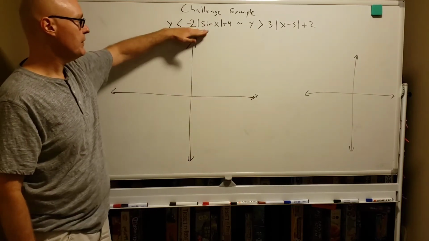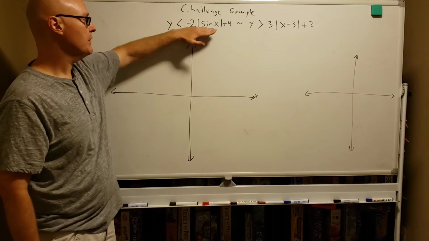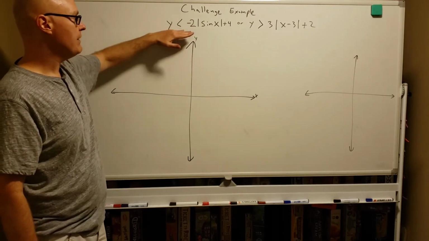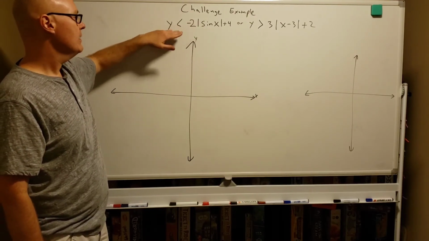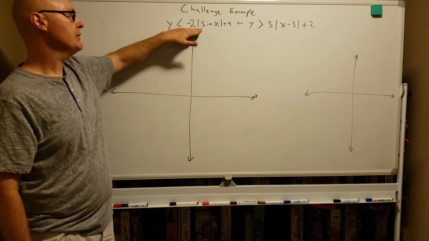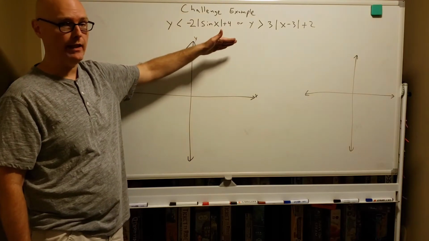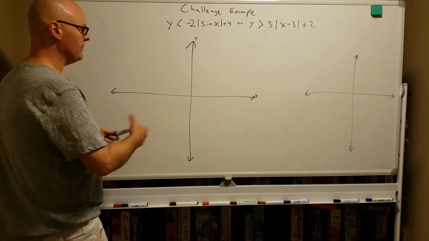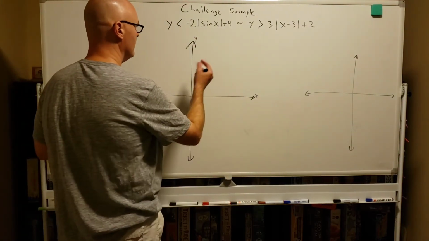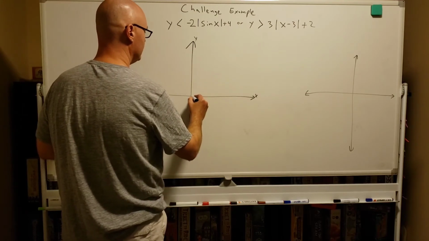Let's start with this first equation. Let's start by graphing y equal to negative 2 times the absolute value of sine x plus 4. What does that look like? So let's start with sine of x.